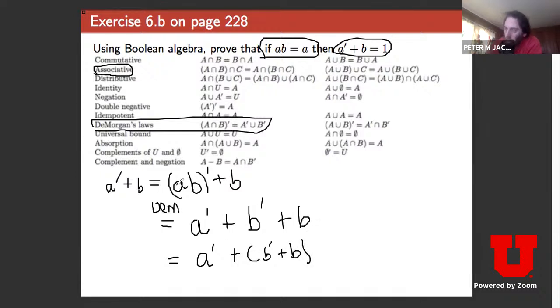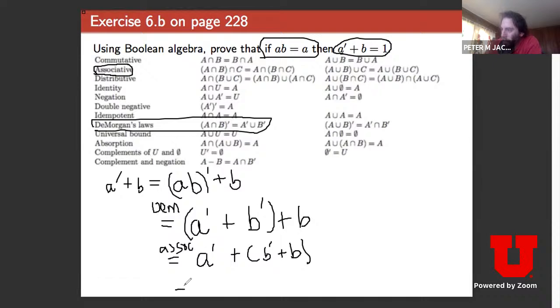Just to rehash where we were: we applied De Morgan, so (AB) prime became A prime plus B prime, with parentheses around A prime plus B prime. Then we're adding B, and now we're using the associative rule.